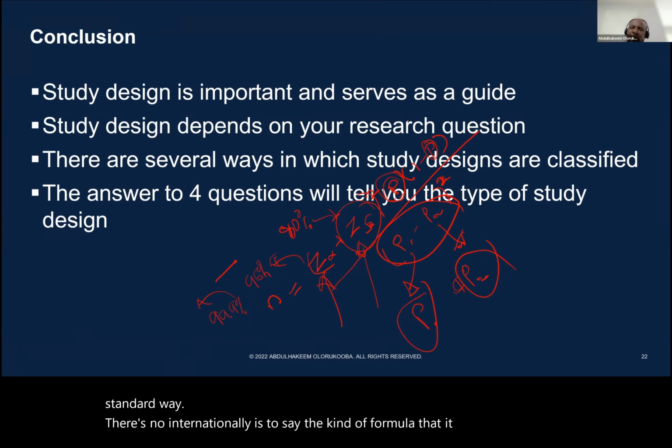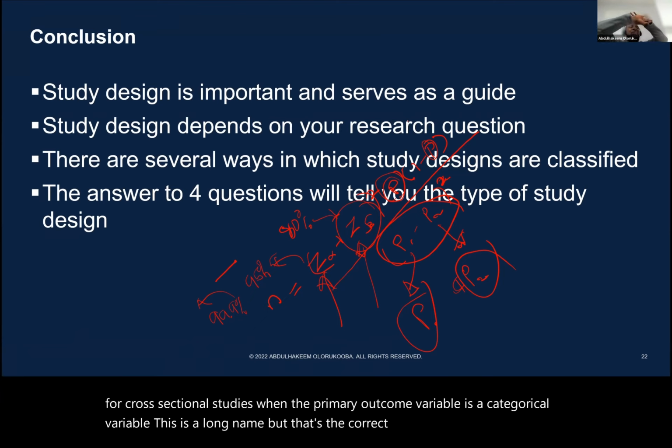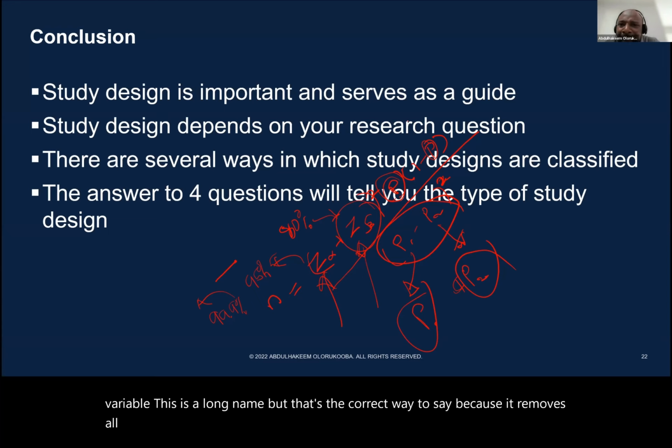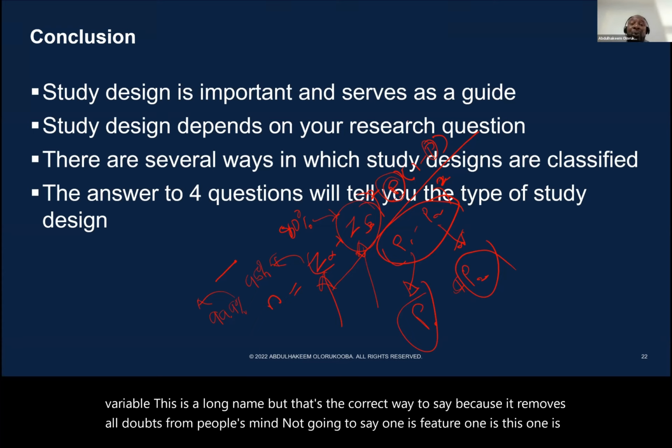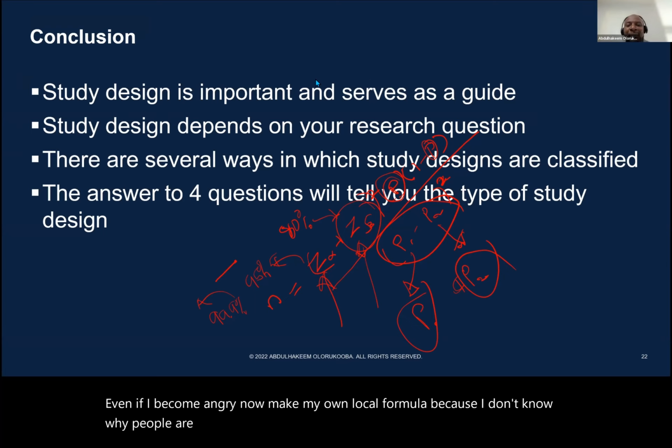This is a formula for cross-sectional studies when the primary outcome variable is a categorical variable. This is a long name, but that's the correct way to say it, because it removes all doubts from people's minds. Not going to say one is Fisher, one is this thing. If I become angry now, I'll make my own formula, because I don't know why people are so particular about one name or no name.